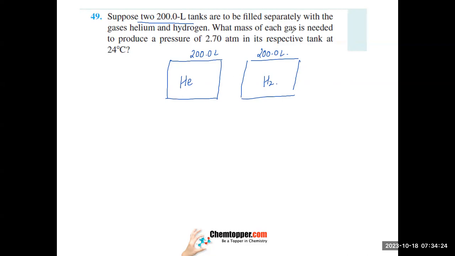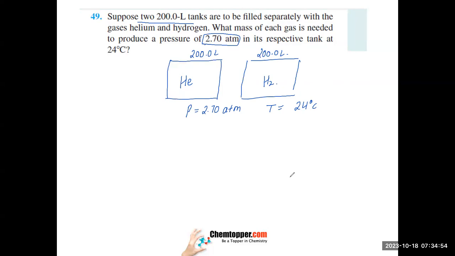What mass of each gas is needed to give a pressure of 2.70 atm? What is the pressure in both the containers? 2.70 atm. What's the temperature of both the containers? 24 degrees Celsius. So can I say both the containers have equal volumes and they are at the same temperature and pressure?